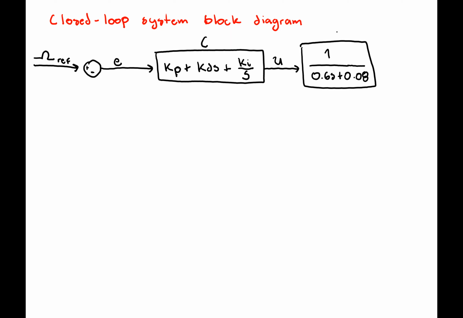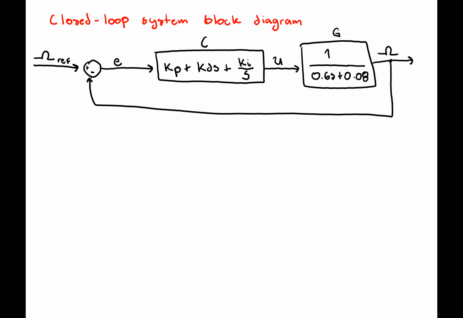Let's call this G. And the output of our transfer function is our angular velocity. And then we send this back to our feedback. Okay, so now we need to work out our closed loop transfer function.